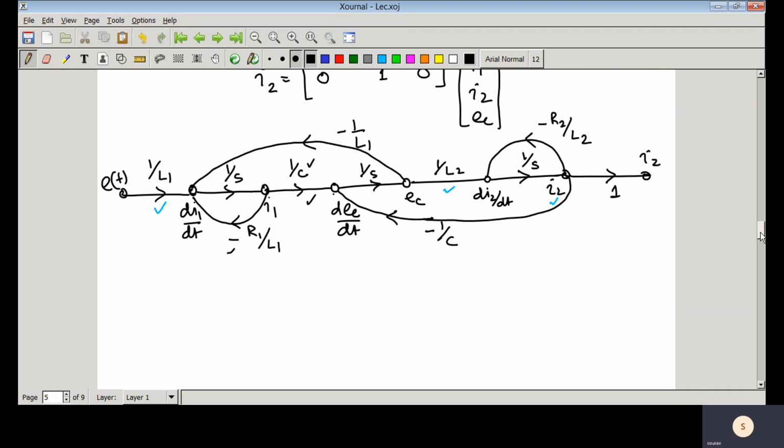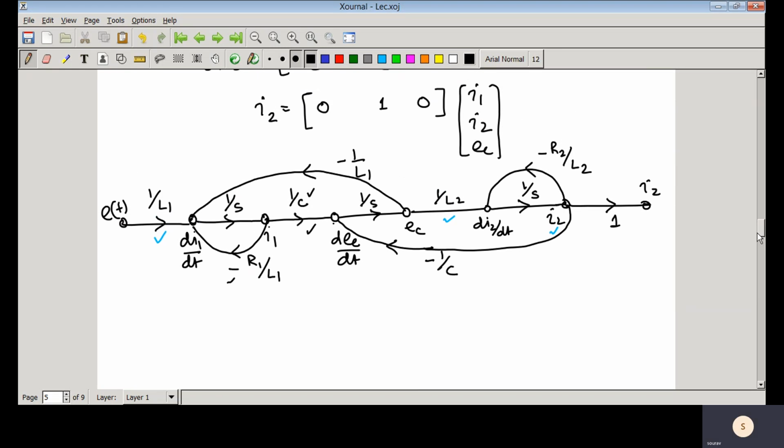And from here you need to find the transfer function. So apply Mason's gain formula. For applying Mason's gain formula, first we need to find the forward paths.